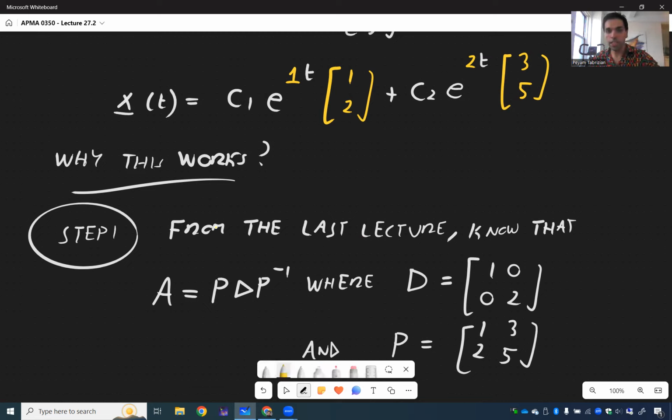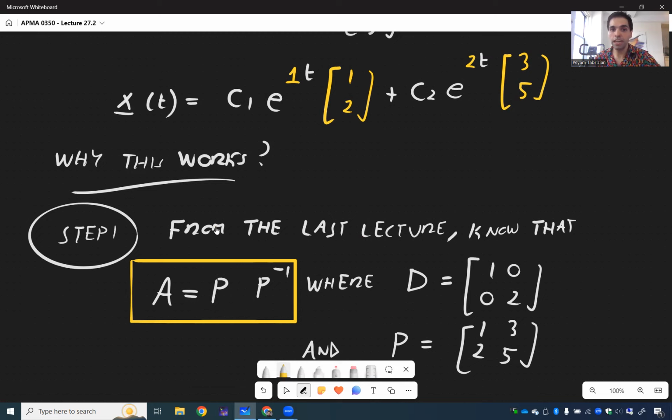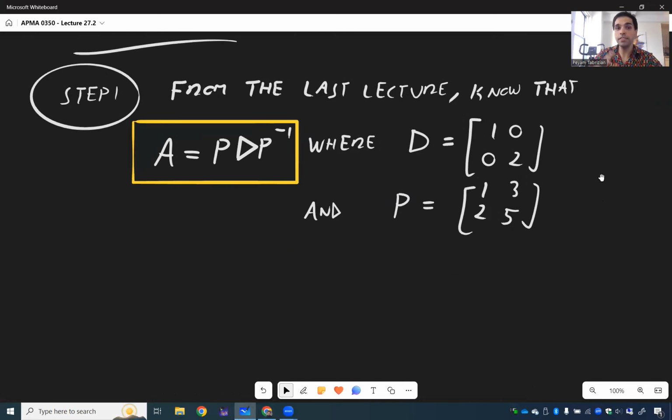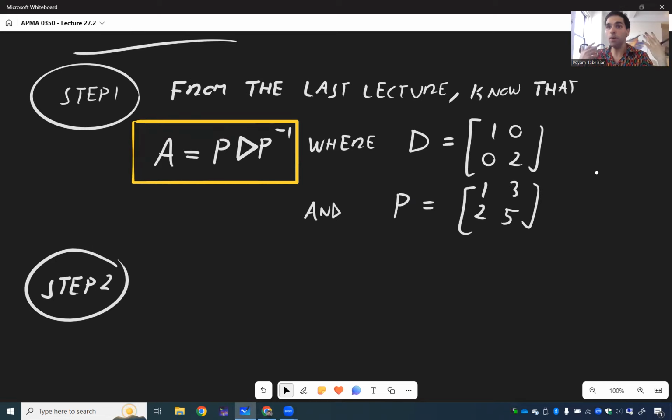And remember, the interpretation of this was A is like D, so kind of like an avatar. And the point is, it turns out this decomposition turns our differential equation into a much simpler one.